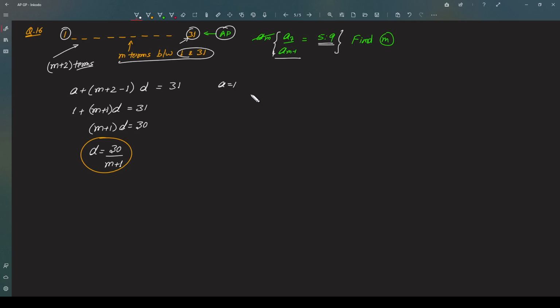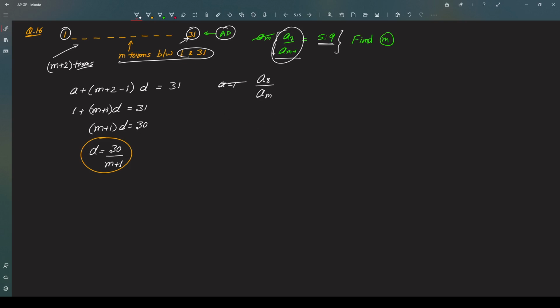No, it is the 7th number of the numbers which you have inserted in between. So the 7th number in those m numbers will be nothing but the 8th term. From the series perspective, this is A8 divided by A m.